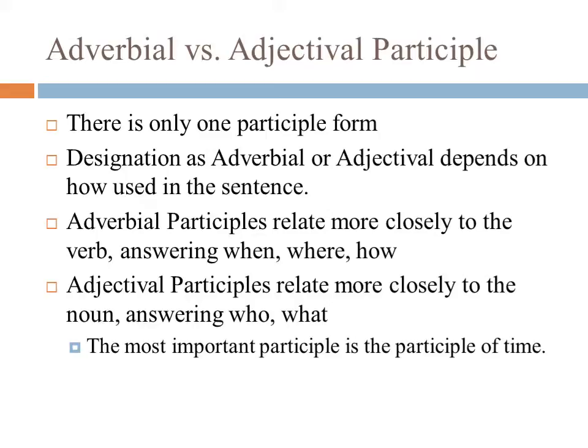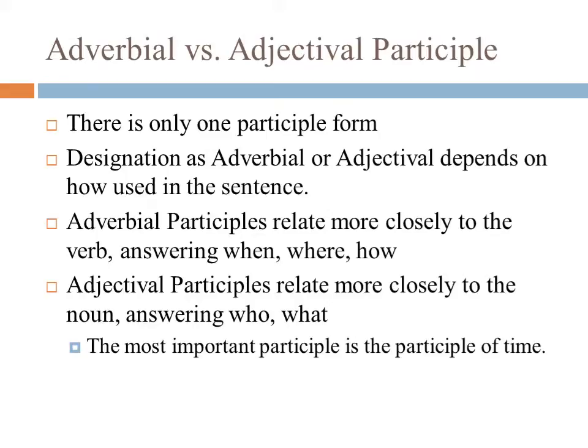So, an adverbial participle, if we think of it being adverbial, it means we think of it relating more closely to the verb. And it's answering the questions when, where, or how. And these are the questions that an adverb answers, like, when did you do it? Where did you do it?